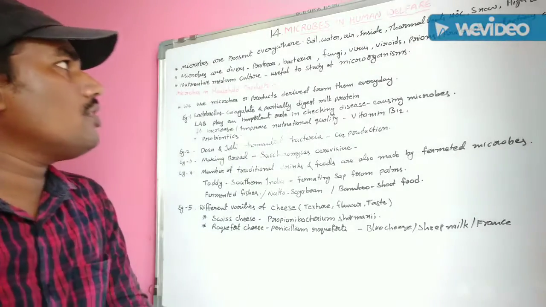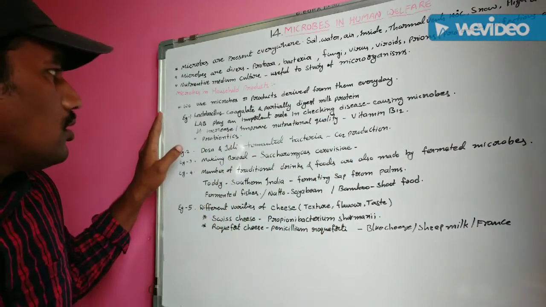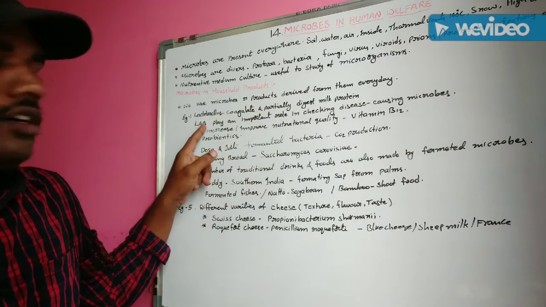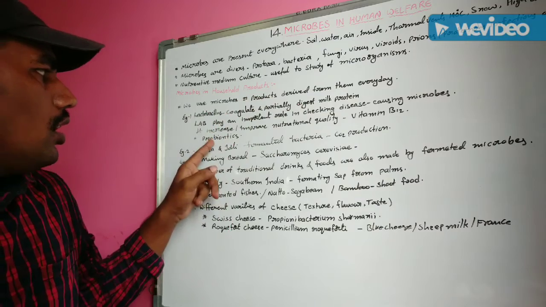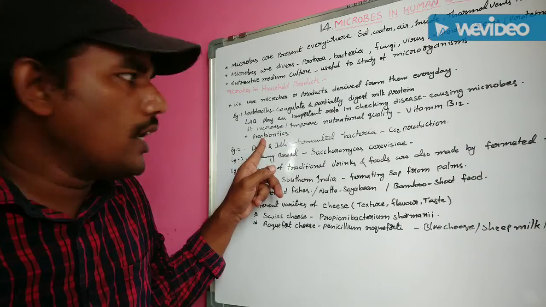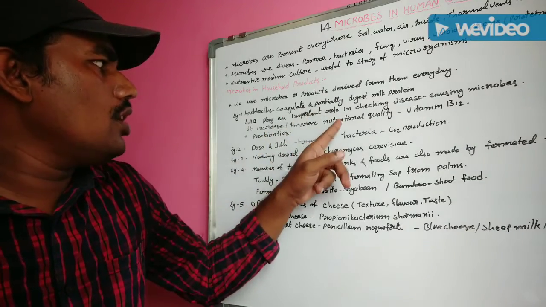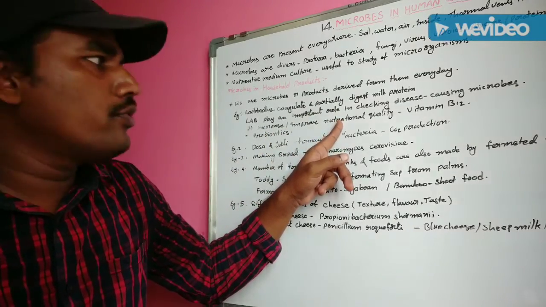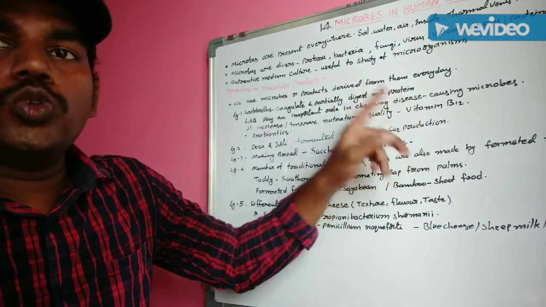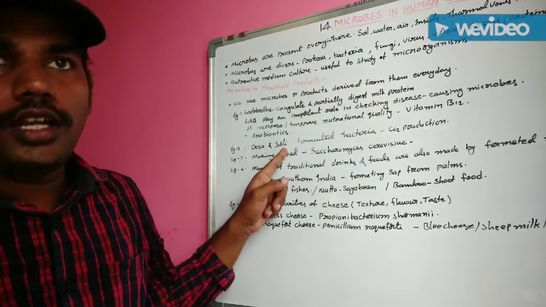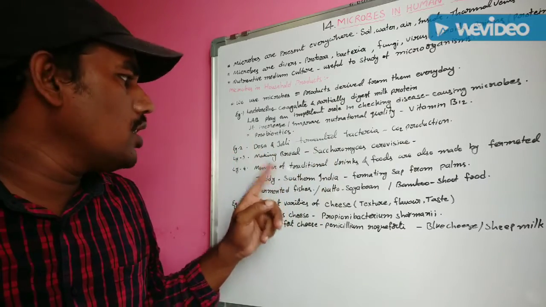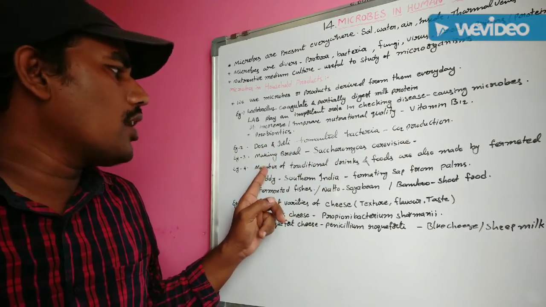The different types of household products. The first one is curd, made from milk by the activity of Lactobacillus bacteria, and some probiotics are also utilized in our household. Nutritional quality of food is also improved by vitamin B12 in curd. Dosa and idli smoothness, and making bread with the help of yeast, a unicellular fungal organism.